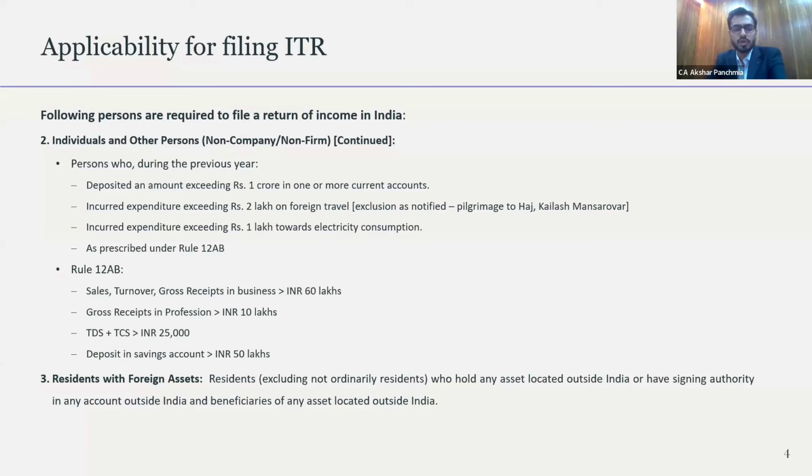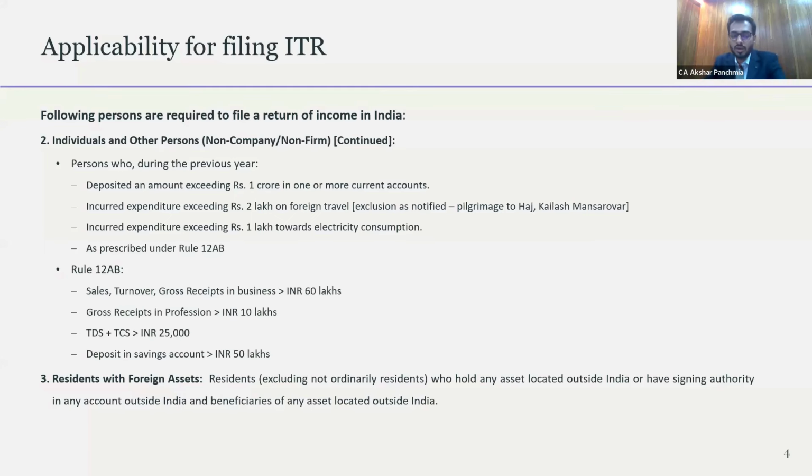At the same time, Rule 12AB also puts certain more conditions, wherein if you fulfill these, then you have to file your returns again. If you are in business and you have a turnover of more than 60 lakhs, if you are in a profession, then gross receipts of more than 10 lakhs, where you have TDS or TCS combined deducted for you of more than 25,000, and where you have deposited more than 50 lakhs in your savings account.